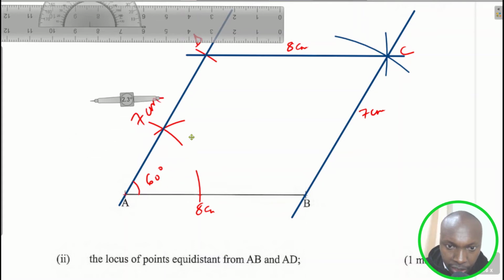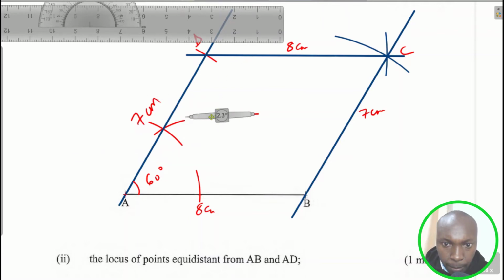Then after that, you can change the radius. Standing at that arc, mark a big arc there, and then with the same radius, stand on the other arc and cut that arc.